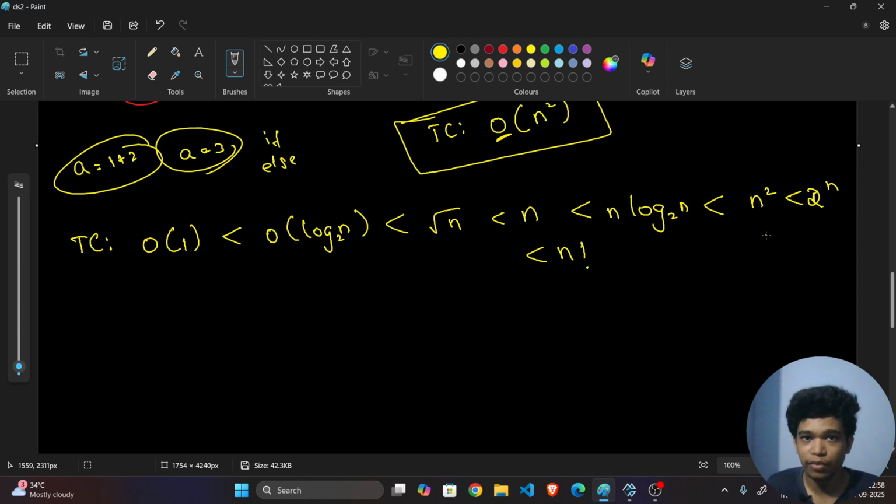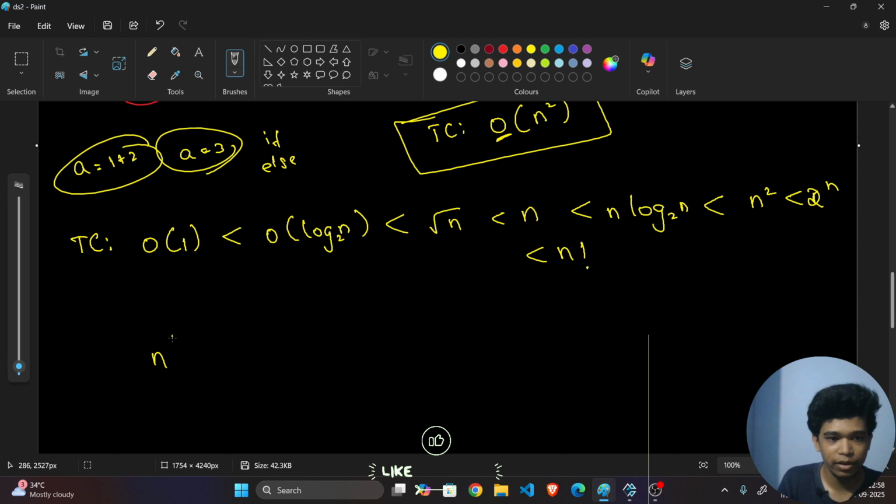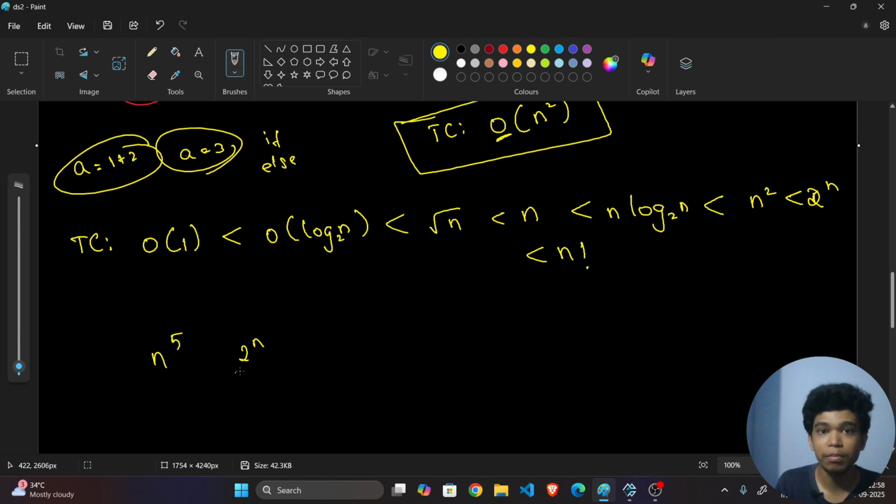In analysis of algorithm, while I am taking the algorithm playlist, I will be just comparing two time complexities and doing some process on them so that I can check which one is efficient. For example, if I give you n power 5 and 2 power n, and I ask which one is best, then you will be comparatively telling that n power 5, right?